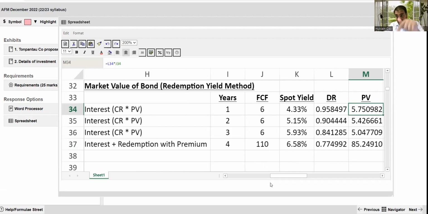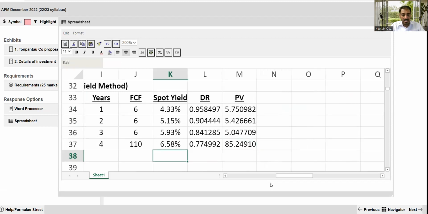You people have good awareness about bond valuation, about the value of the bond, that redemption yield. But the topic of bond valuation here represents the spot yield curve. The method is the same, but here the concept is a spot yield curve. Now this is the value of the 6% bond.